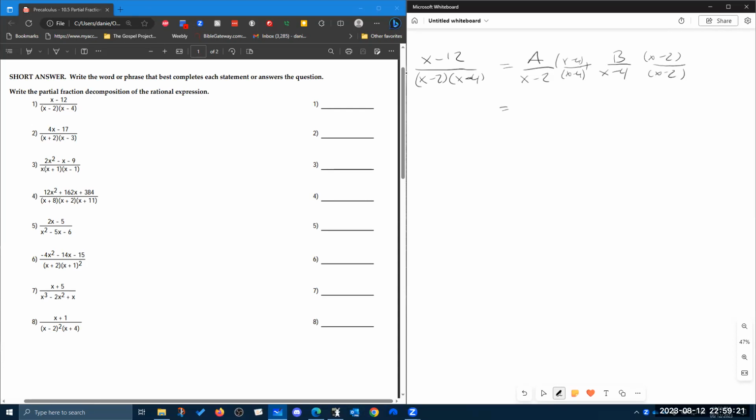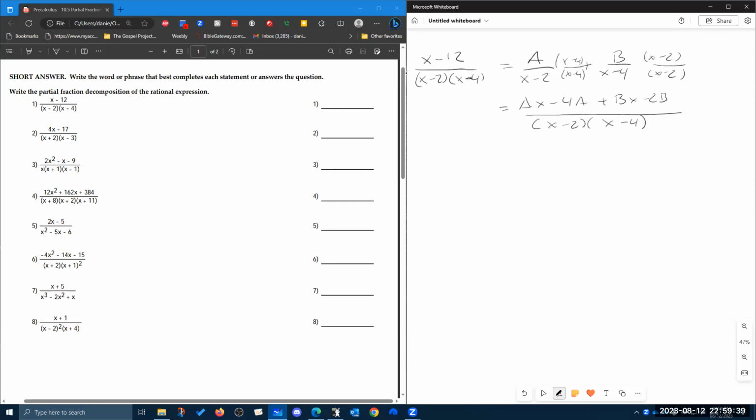And this is going to be ax minus 4a plus bx minus 2b over x minus 2 times x minus 4.